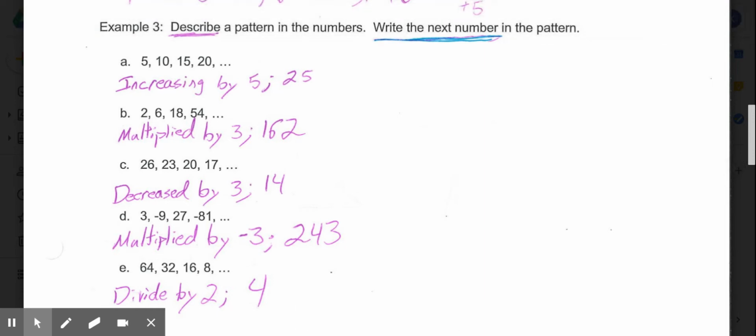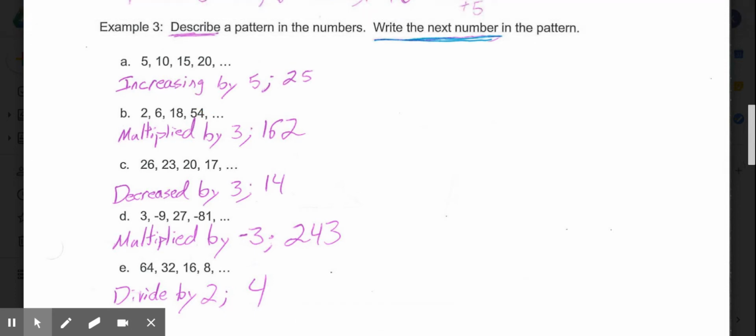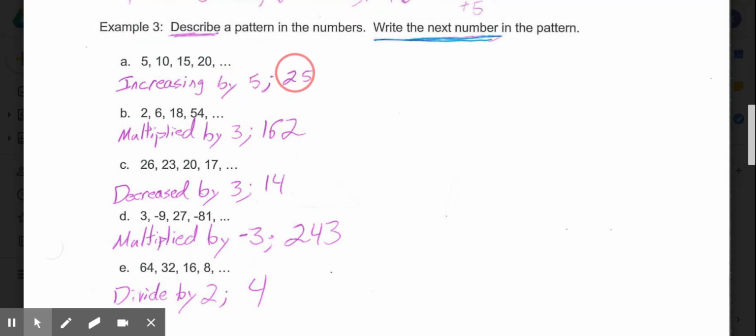And then to say the next number in the sequence, we would just look at where they ended and follow the pattern for the next one. So in A, they gave us the list 5, 10, 15, 20. So they are increasing by 5 each time, meaning the next number in the pattern would be 25.